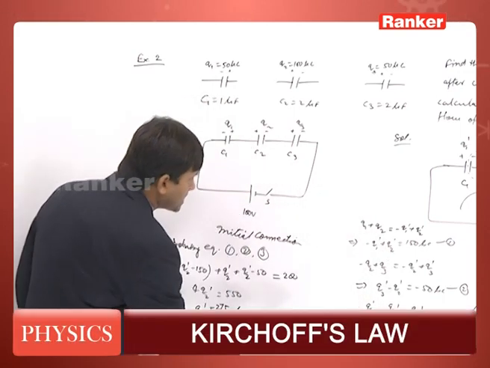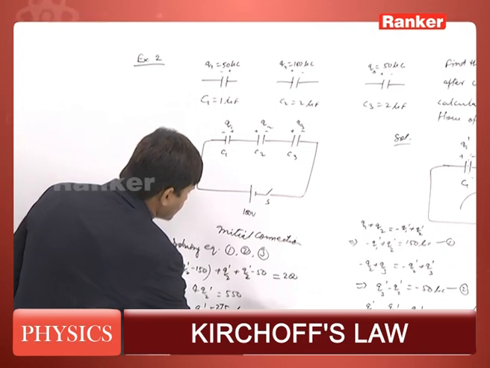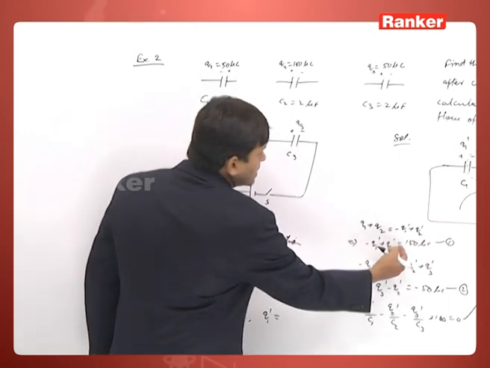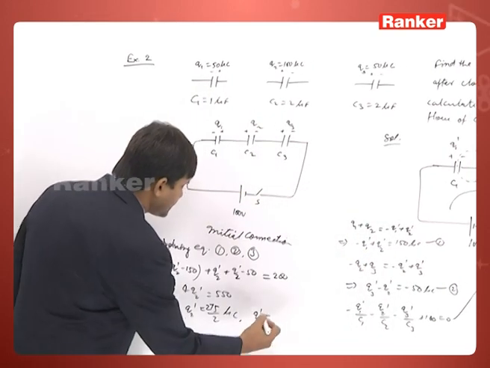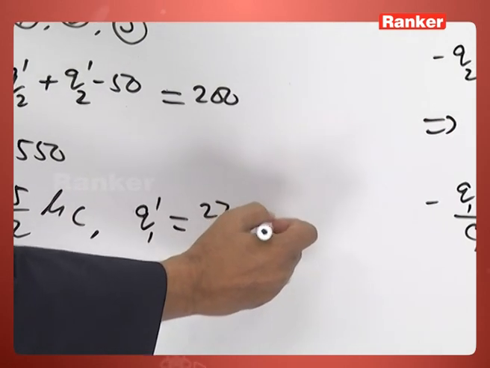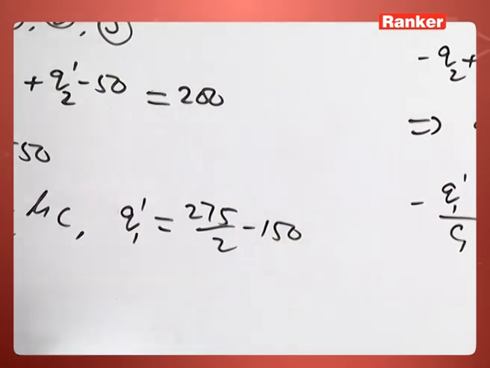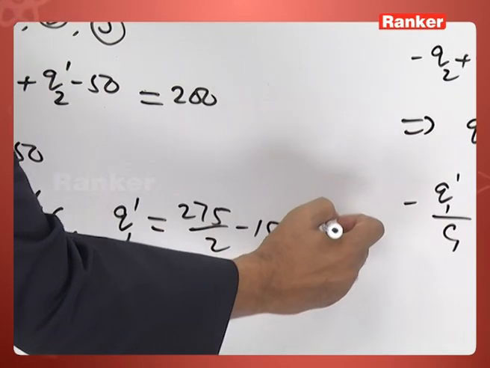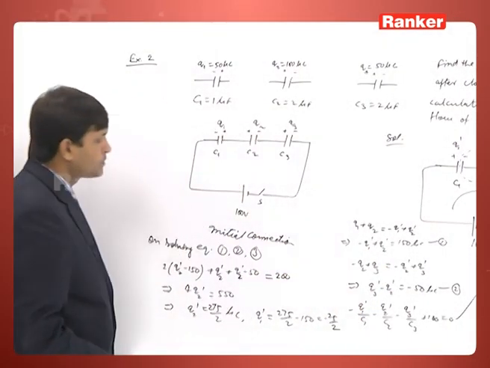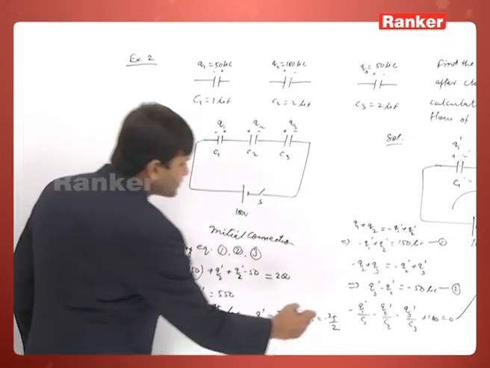So Q1 dash is equal to Q2 dash minus 150. So 275 by 2 minus 150. So this will be minus 25 by 2 microcoulomb.